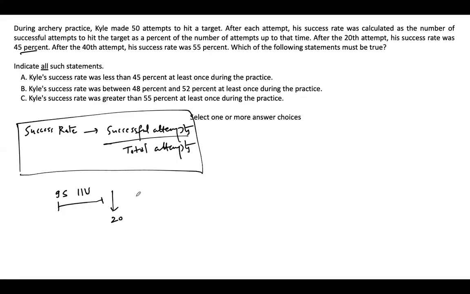After the 40th attempt, his success rate was 55%. 55% of this value would be 22. So 22 successful attempts till here, 40 attempts. So 13 successful and 7 unsuccessful.